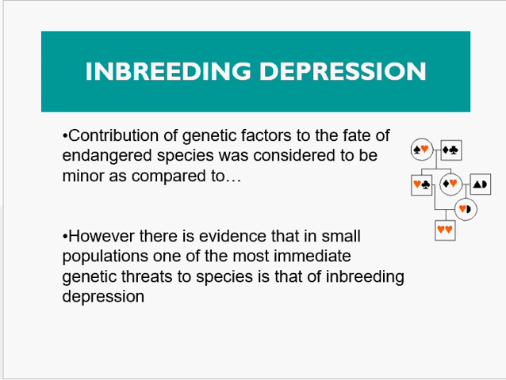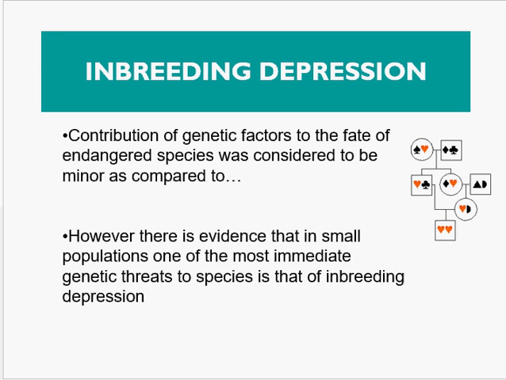However, there is evidence now that in small populations genetic problems are one of the most immediate problems in causing a species to go down the extinction vortex, and that inbreeding depression is one of the main causes of genetic threats to species in populations.